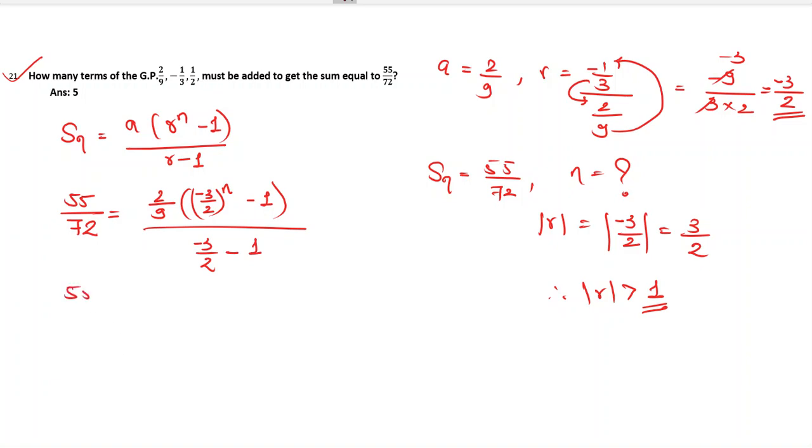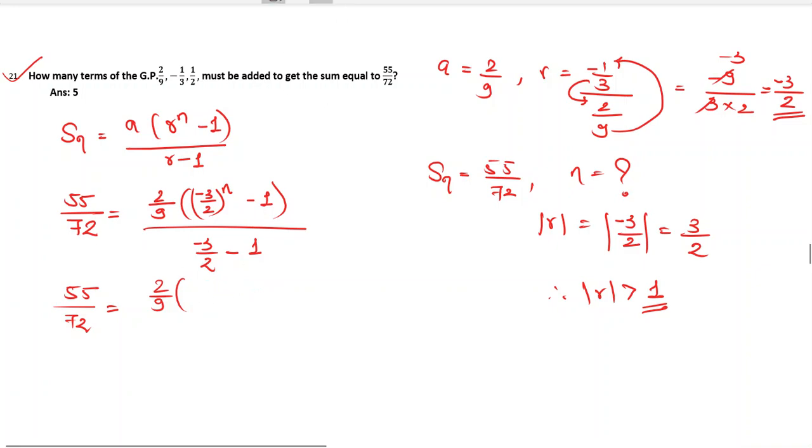So 55 by 72 is equal to 2 by 9 bracket, minus, I cannot do anything to this, so I will keep it as it is, minus 3 by 2 raised to n minus 1.